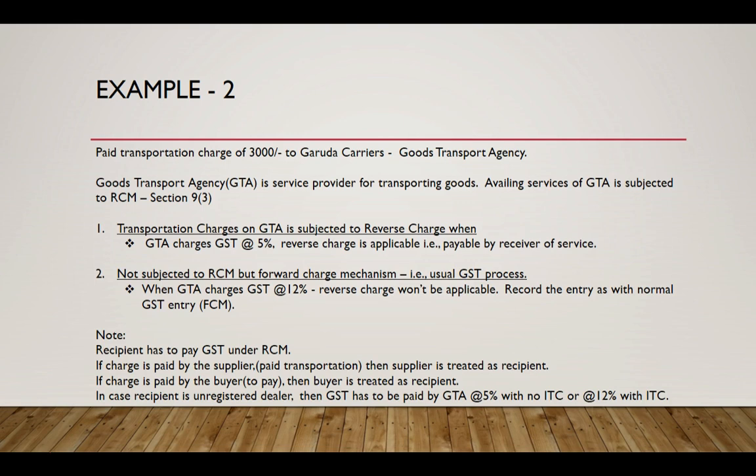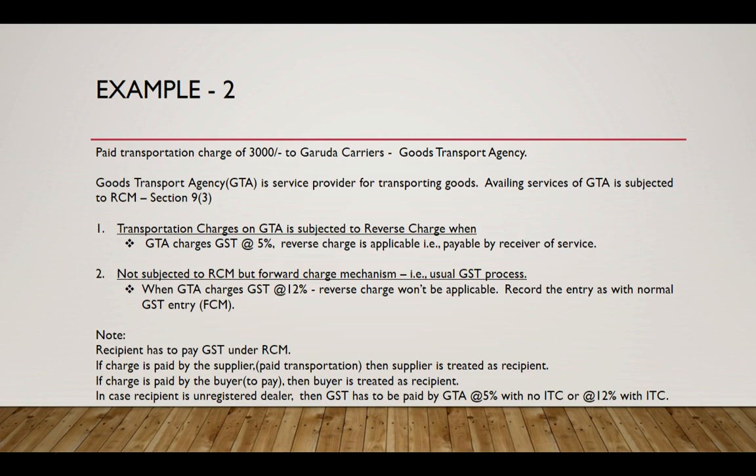So whichever transporter issues a consignment note can be considered a GTA. And what it also means is that if a consignment note is not issued, then the service availed from a transporter doesn't fall under the ambit of GTA.